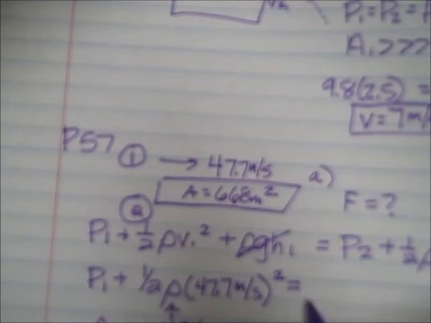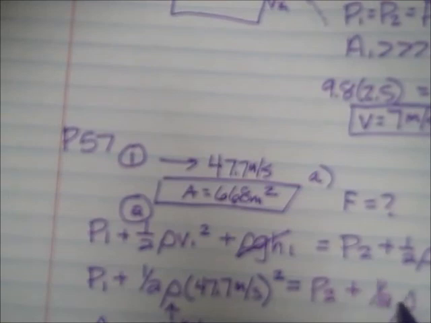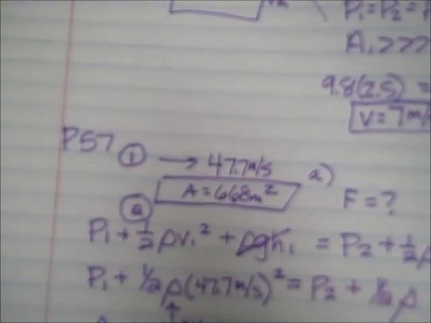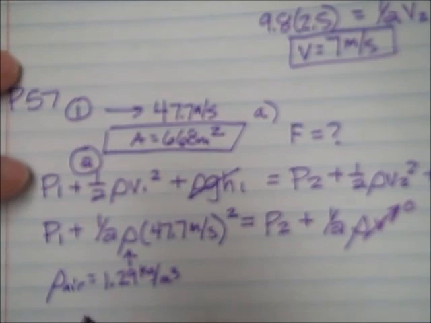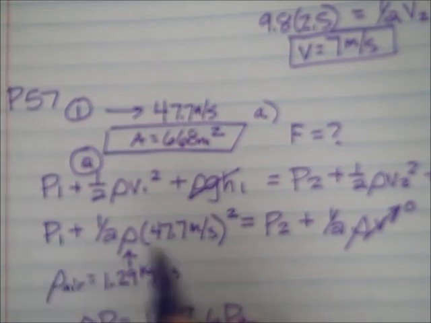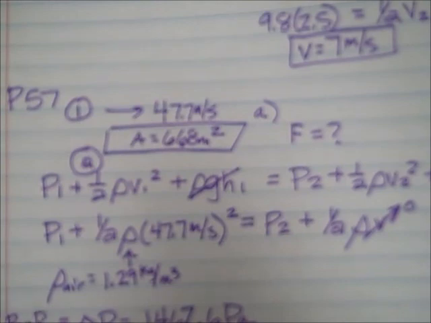And this would equal P2 plus 1/2 rho. Inside the car, we're going to assume that this velocity is 0. So that part cancels out too. So I have the differential in pressure equals 1,467.6 pascals. That's what I got for taking the difference between P1 and P2.